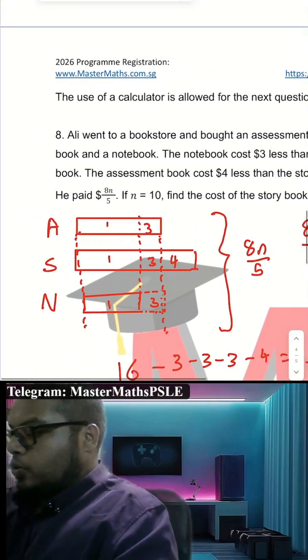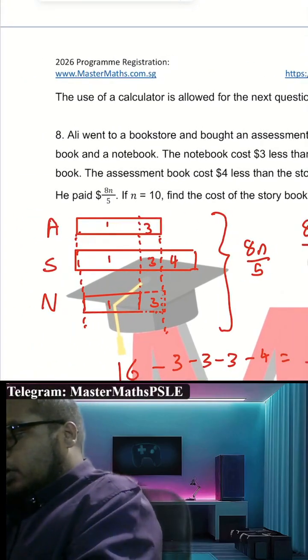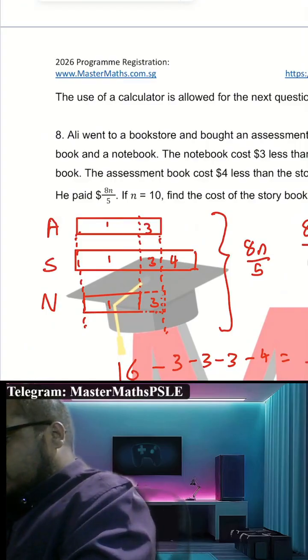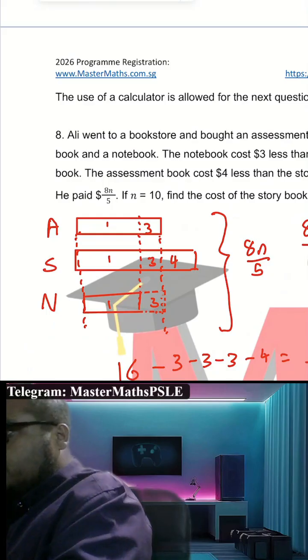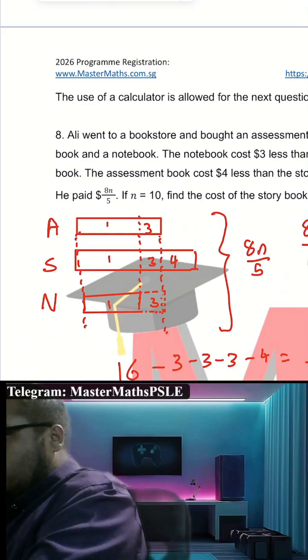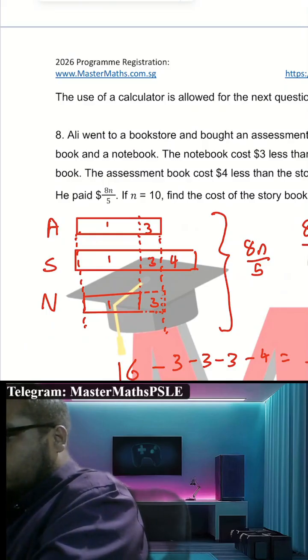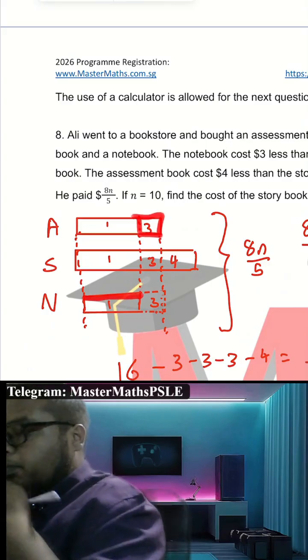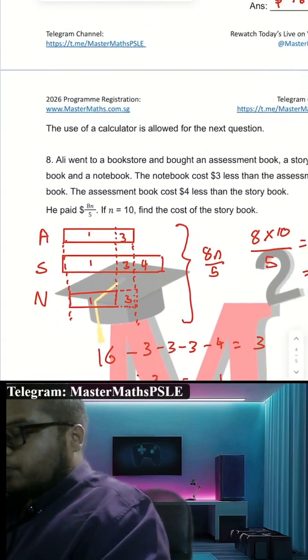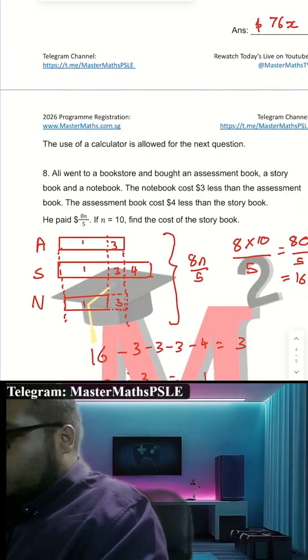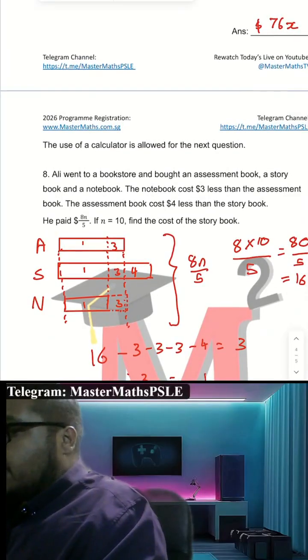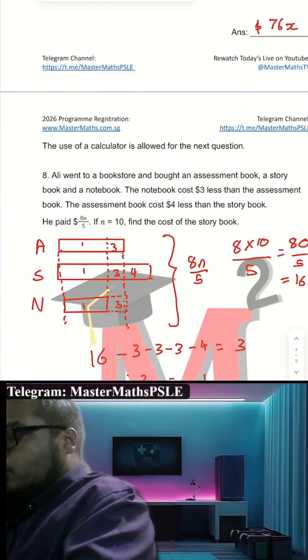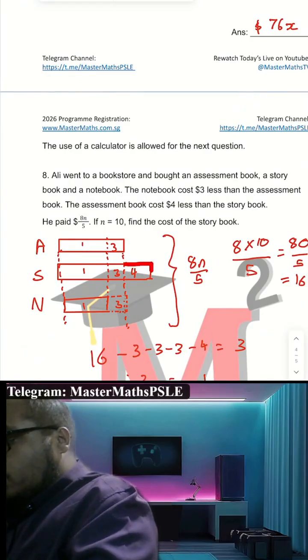So this is the notebook. It's $3 less than the assessment book. Then after that they say that the assessment book costs $4 less than the storybook. So for the storybook, I have to extend it some more with the 4.